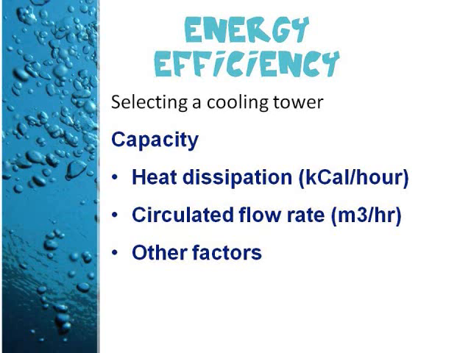Capacity in terms of heat dissipation and circulated flow rate are an indication of the capacity of cooling towers. However, these design parameters are not sufficient to understand the cooling tower performance. Therefore, other design parameters are also needed.